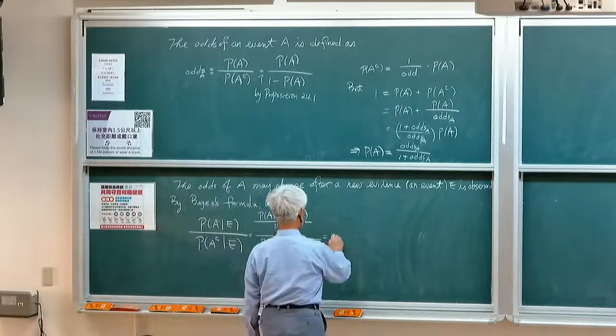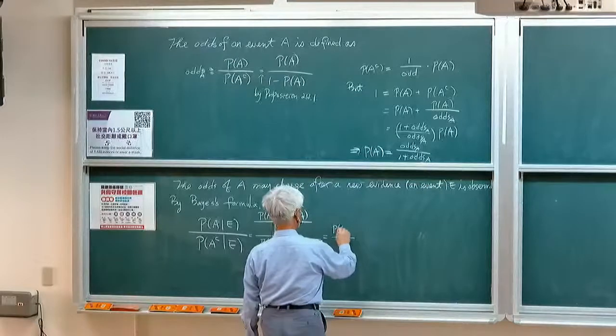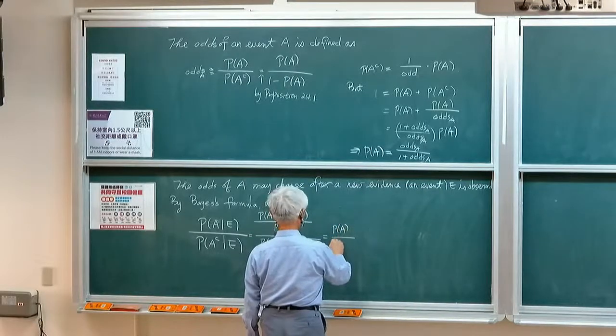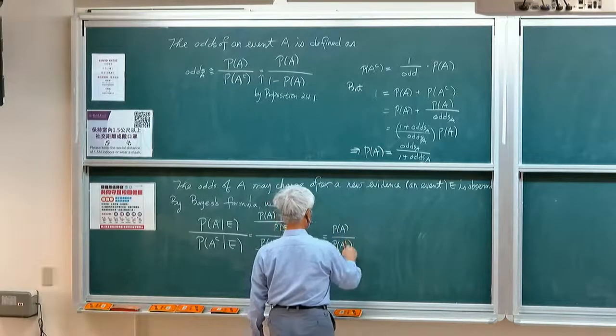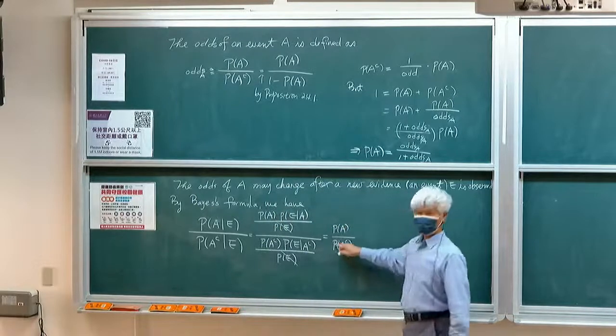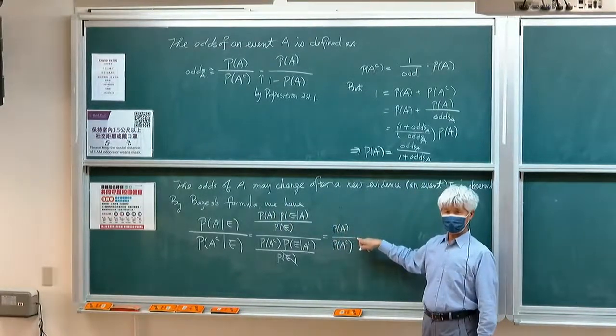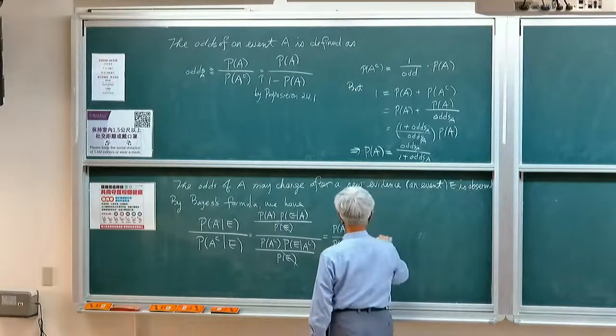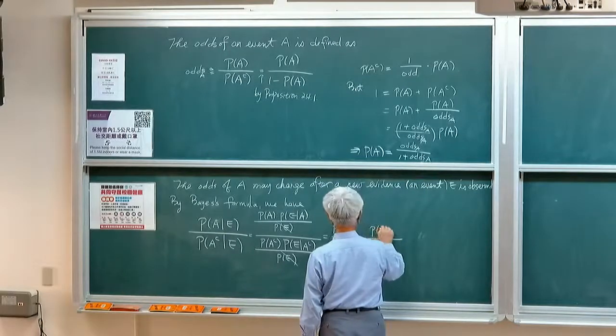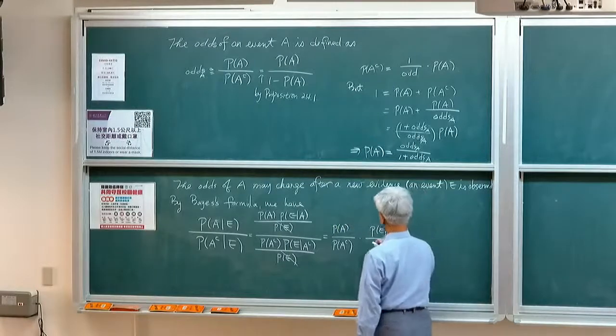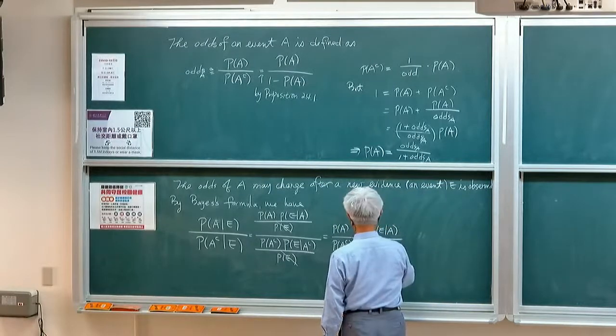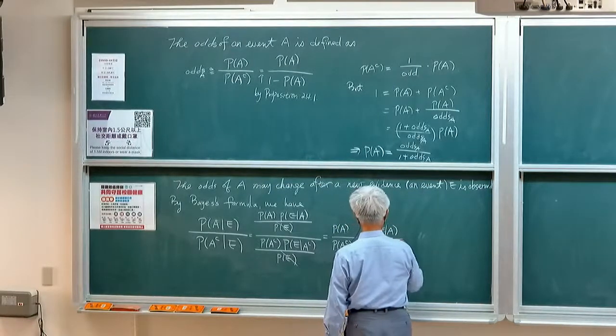This becomes P(A) divided by P(A complement), which is the original odds of event A, times the probability of E given A divided by the probability of E given A complement.